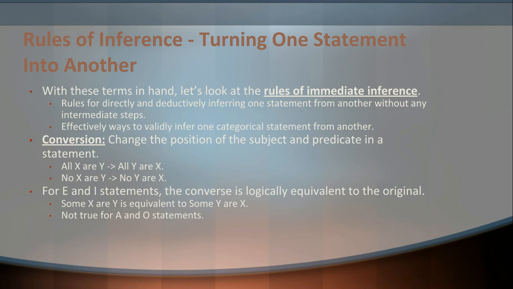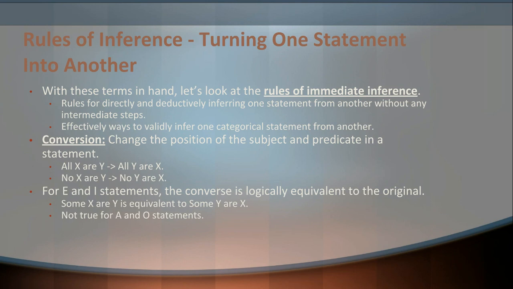So, there are 4 basic rules of inference we're going to work with that, I guess by coincidence, match up with the 4, but they're not particularly tied to any of the 4 statements before. But the first and the simplest of these different rules of inference is what's called conversion.